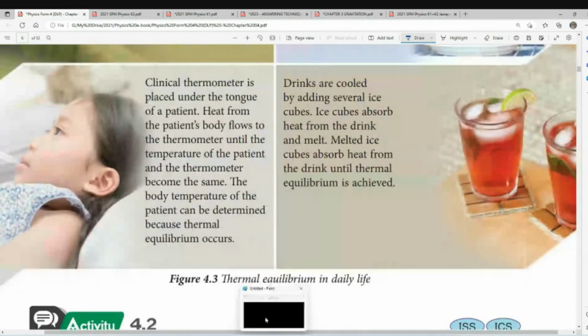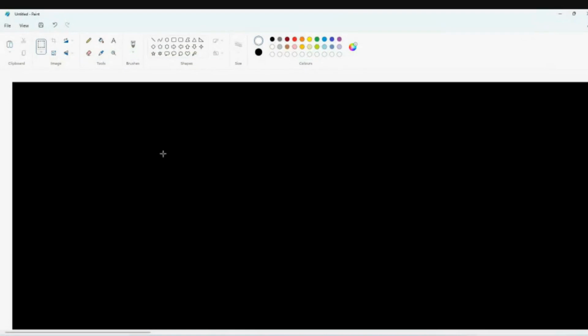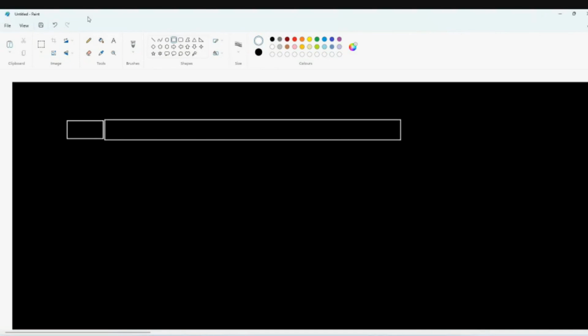So for the calibration of the thermometer, let's try these questions. Actually, the problem solving is based on the ratio concept as you learned in mathematics. The ratio of the change of length compared to the change of temperature. Okay, please be alert. So let's try these questions. Let's say this thermometer.